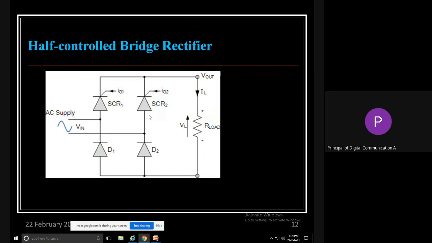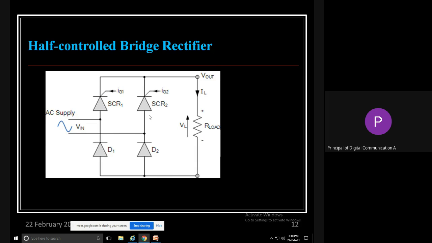See this one, 99% the diagram is the same, but only replace any two of the SCRs, not any two, in a respective manner only, that is from a loop any one, because any one we cannot replace, but a respective one from each loop the one SCR we can replace by the normal diode, that is 2 SCR and 2 diodes. So this is known as the half controlled bridge rectifier.